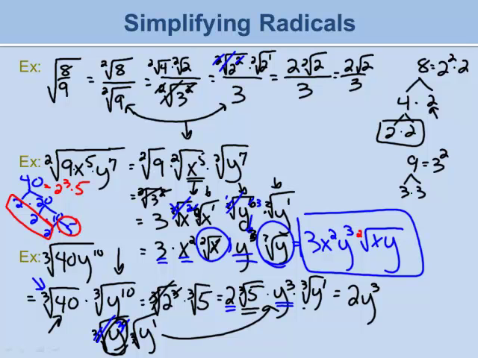And the cube root of 5 times the cube root of y to the first can be recombined as the cube root of 5y to the first, or the cube root of 5y. Make sure that you write the 3, because the root or the index for anything except 2 has got to be written in the final answer.